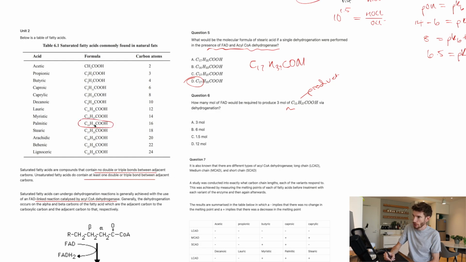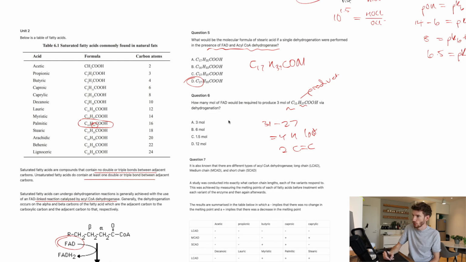It started off as 31 hydrogens, right? And if we look at what we've got now, we've got 27. So the gap between those is 4 hydrogens have been lost, and every two hydrogens is a double bond. So this means 2 carbon-carbon double bonds have been created, and each of those double bonds uses an FAD.